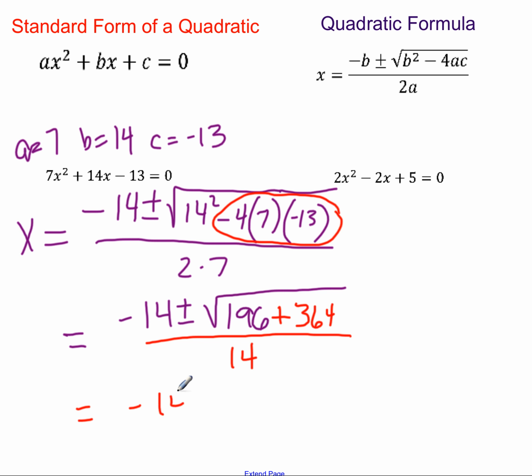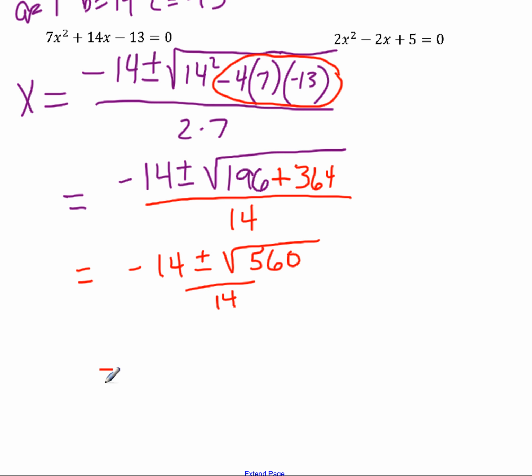Okay, now I go along the next step. Negative 14 plus or minus, and I do 196 plus 364, and I come out with 560 all over 14. Then I have to look at 560 and see what perfect square goes into 560.